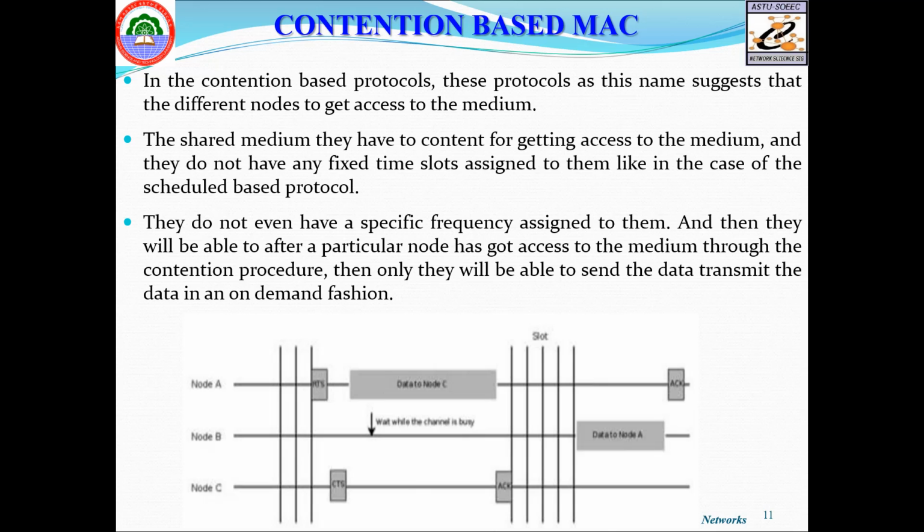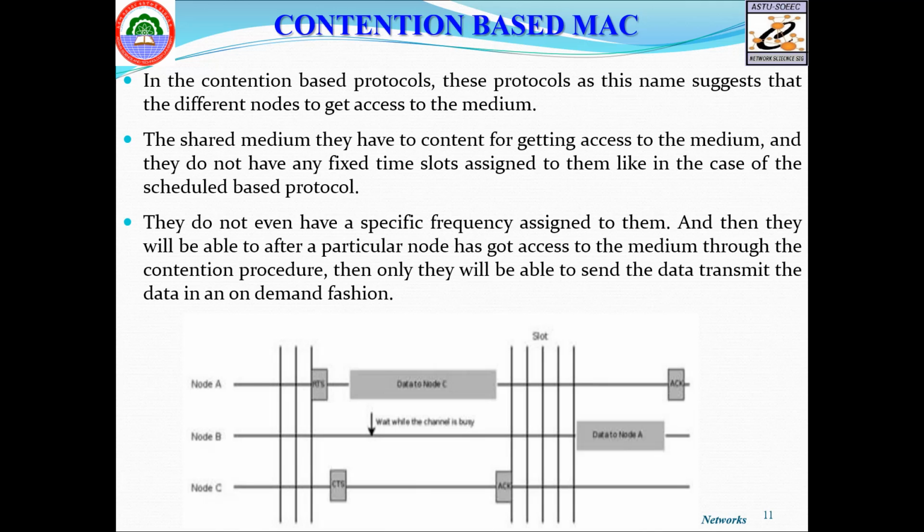So there is a possibility of collision avoidance, and if we avoid collisions, we can improve the performance of the network. This contention based approach involves a handshaking: the sender sends RTS and the receiver sends CTS to the sender. When both these communications happen, they are shaking hands, meaning they have agreed to communicate with each other.